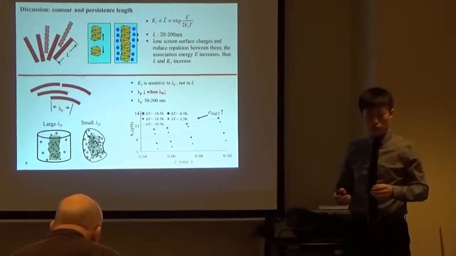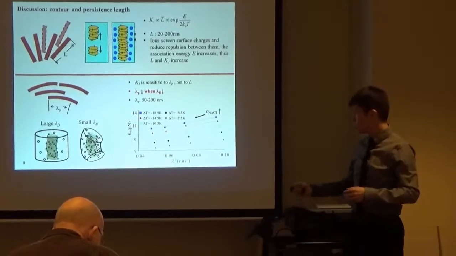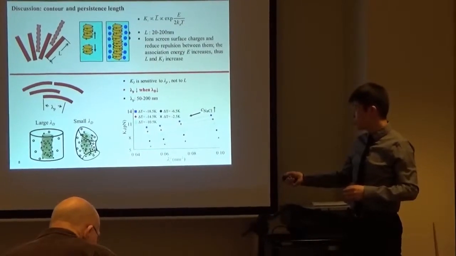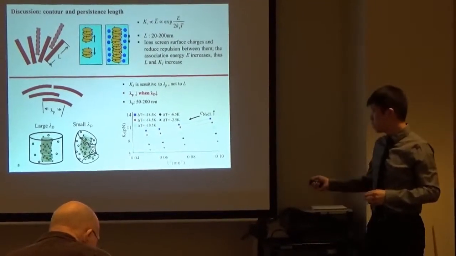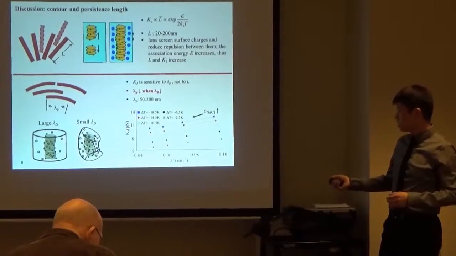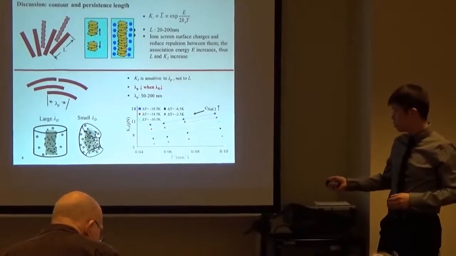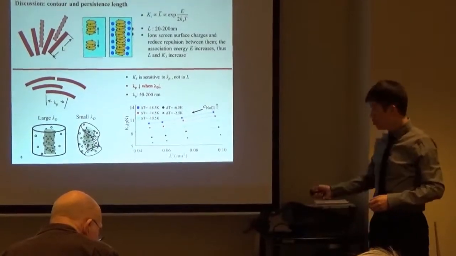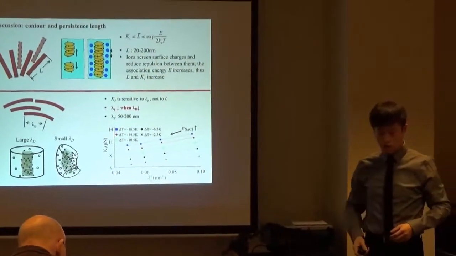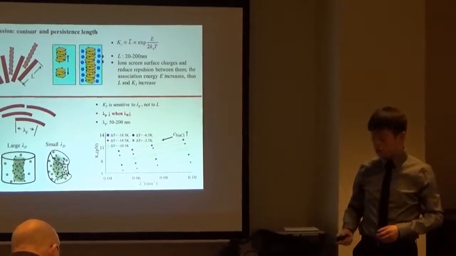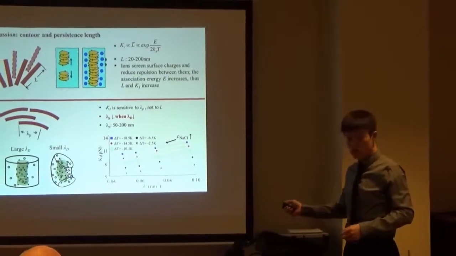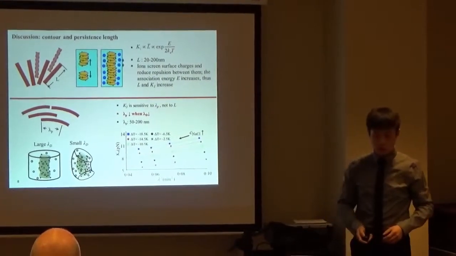So the flexibility of the aggregates increases, and as a result, the K3 value decreases. As I show here, the change of the K3 value depends quadratically on the Debye screening length, which is associated with the concentration of the sodium chloride in the system.